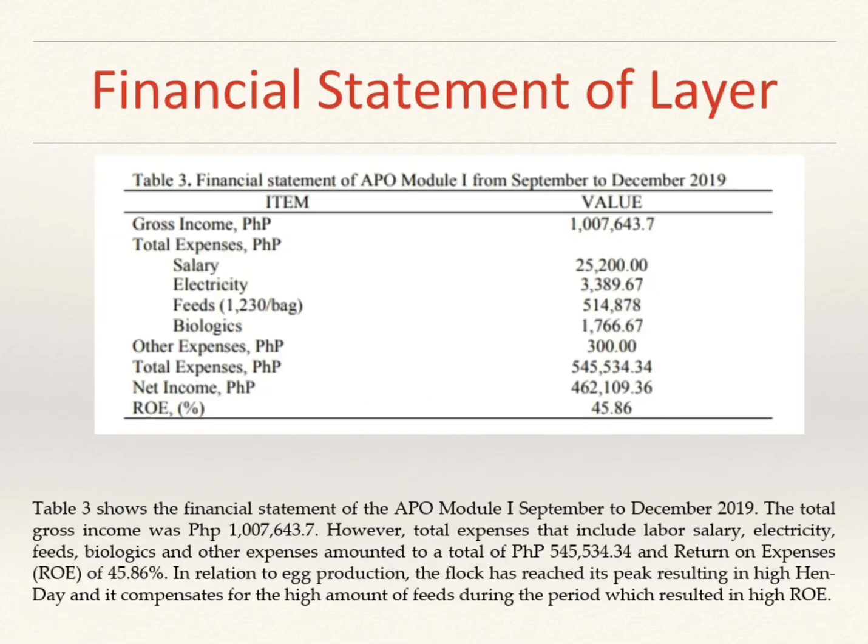So, the financial statement of the layer. Table 3 shows the financial statement of the APO Module 1, September to December 2019. The total gross income was 1,007,643 pesos.